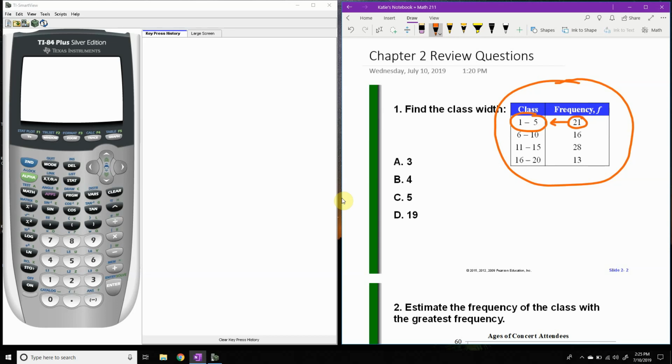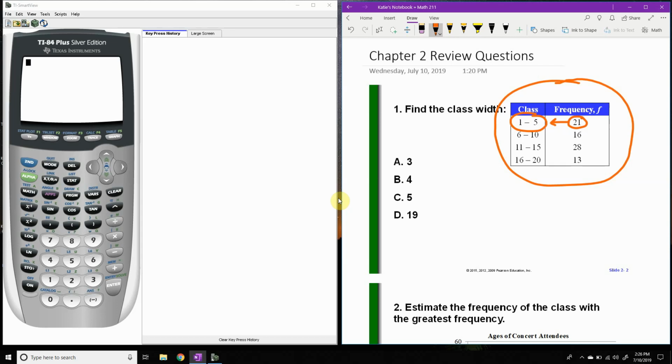I just know that I've got 21 data points in the first class, 16 data points in the second class, 28 in the third, 13 in the last class, but we'll notice that each of these classes are the same size. The reason is that we want to make meaningful comparisons between classes, right? If they're all different sizes, then making any observation about any one of them is really not going to do anything for us.